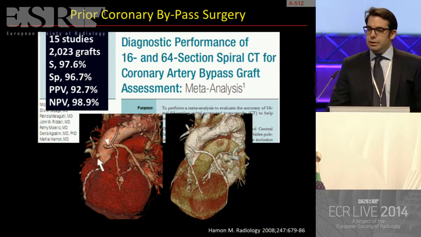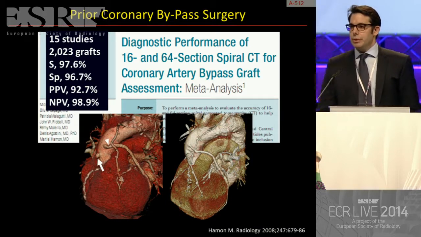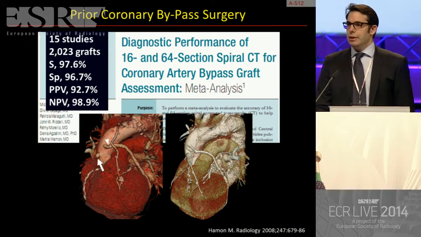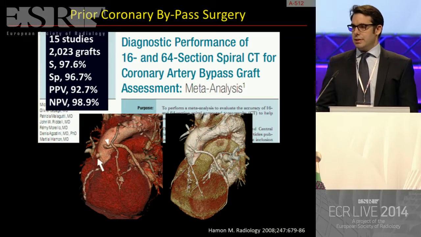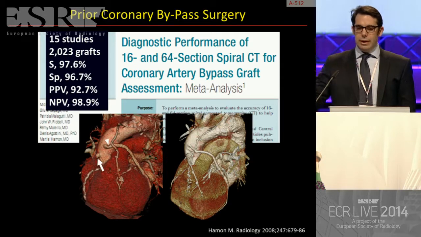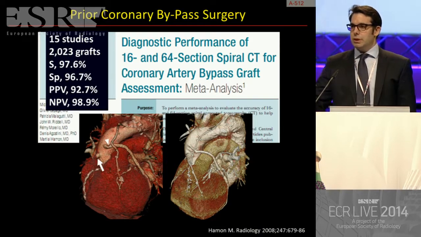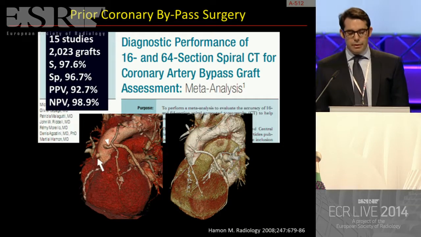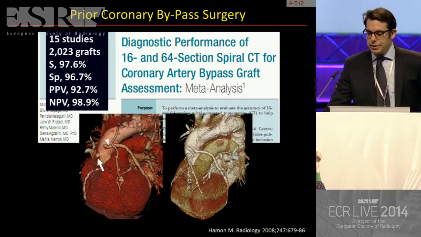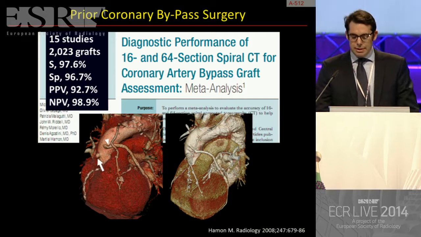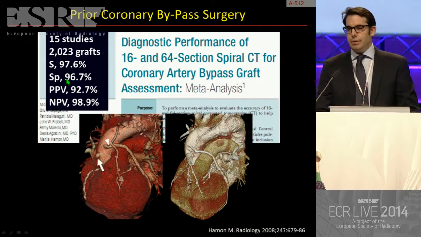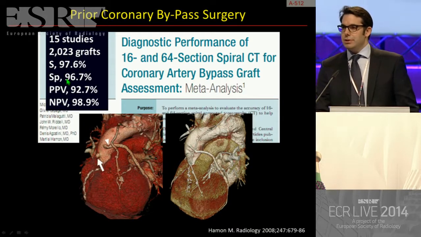A different story, though, is when we try to assess the native coronary vasculature. These vessels are usually diseased, that's why the patient had a bypass, of course, and there is flow competition, so sometimes these vessels are very small. So when we read figures regarding the accuracy of CT in assessing bypasses, you will always find sensitivities around 98%, specificities around 97, 98%.